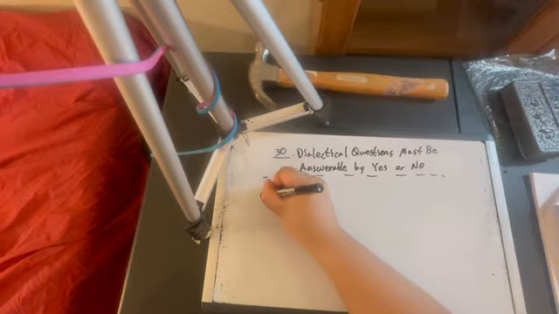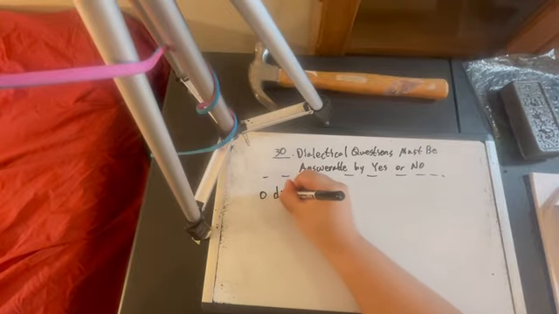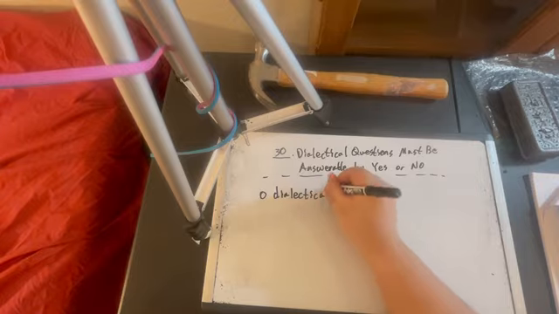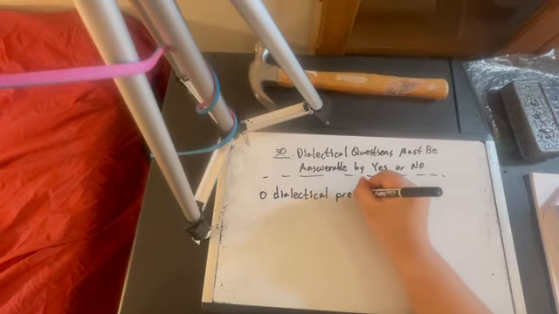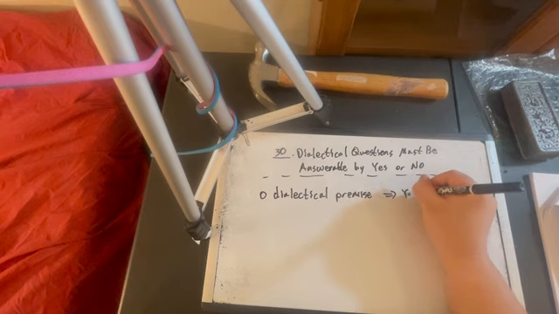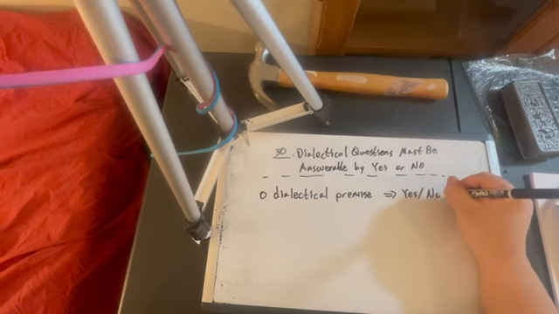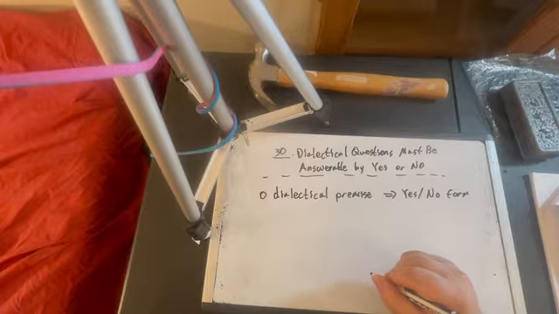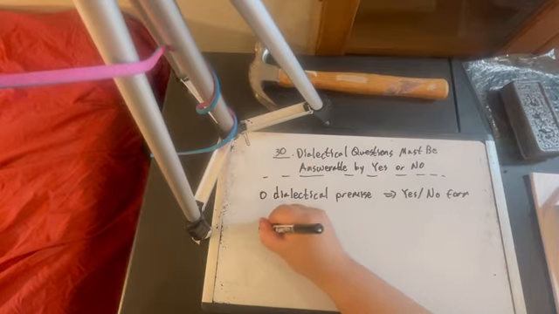Right, so if you have a dialectical premise, right, it implies a yes or no form. Dialectic needs questions shaped as propositions.